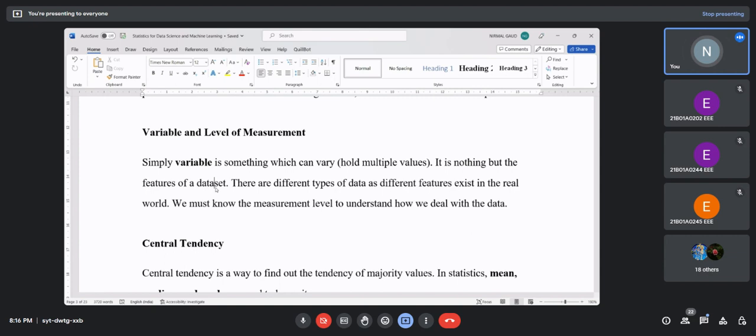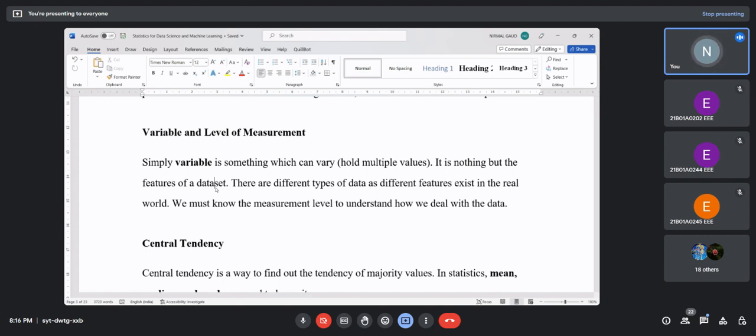If in your data set you have 10 features, and you are working on a problem statement of prediction, like house price prediction, then price is something that will be on the y axis. That will be the dependent feature.